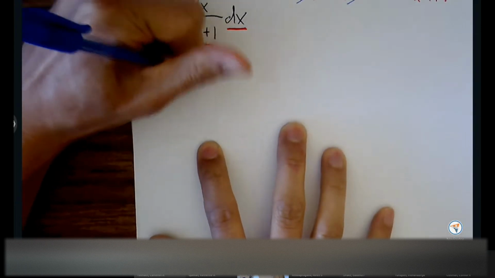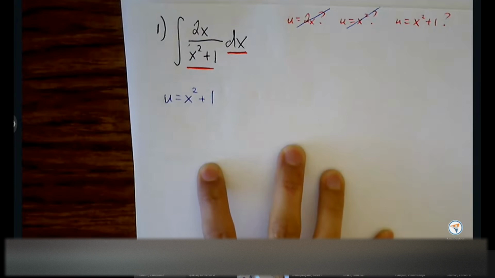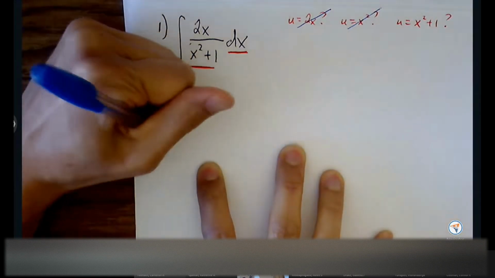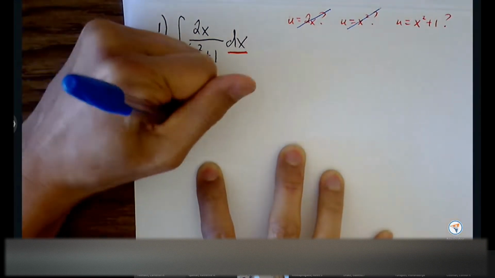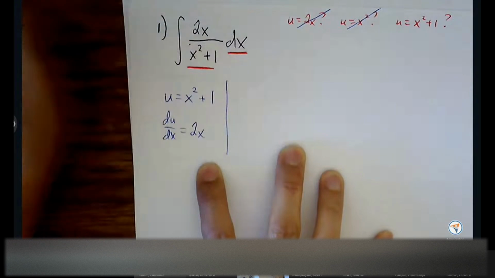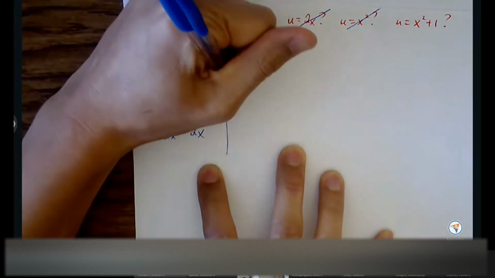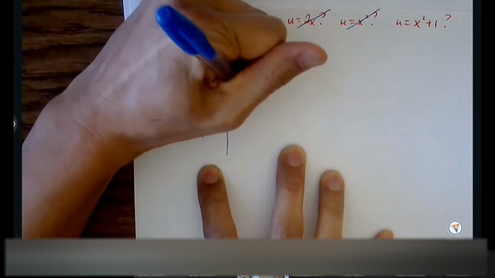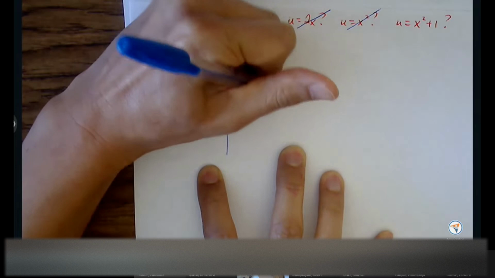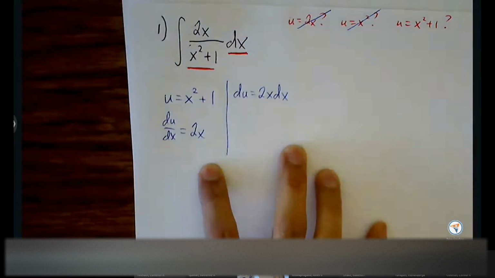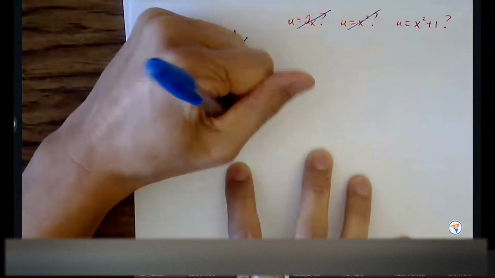Our u value is x squared plus 1. Derivative, 2x. Cross multiply. Divide both sides by 2x.